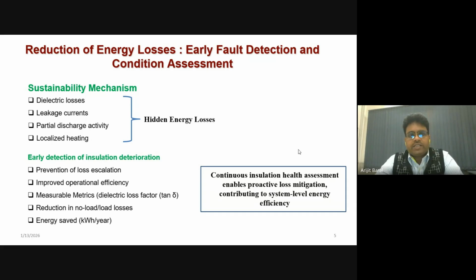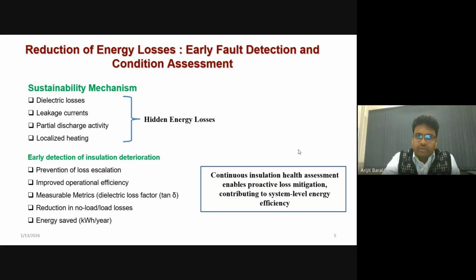See, energy efficiency can be increased by reducing these hidden energy losses. These losses will always be there, whether you are talking about a medium-sized distribution transformer or a power transformer for that matter. Obviously the amount will be different, but what is important is that these hidden energy losses will increase over time. As the insulation ages, the dielectric loss increases and it becomes more leaky in nature.